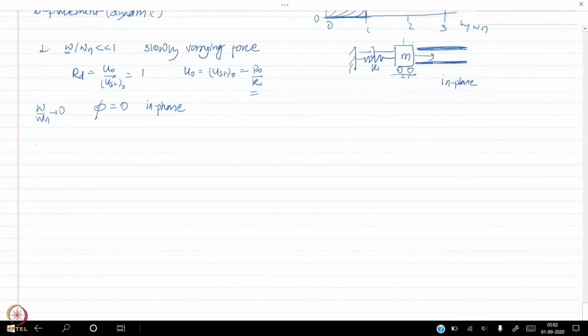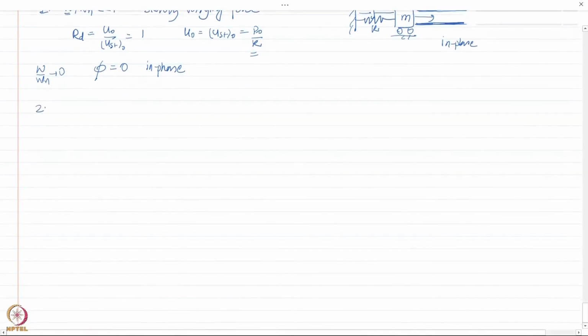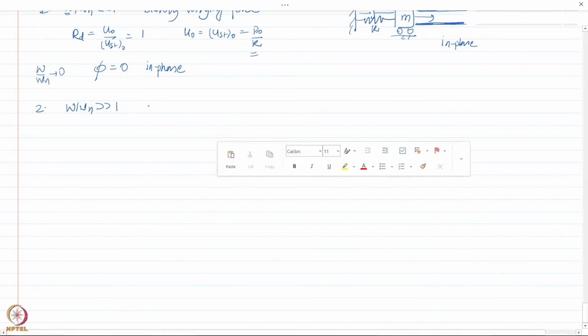In the second case, I'm considering the other extreme situation in which omega by omega n is significantly large. This would be the case when the applied force is varying at a very rapid rate, so we call it a rapidly varying force.